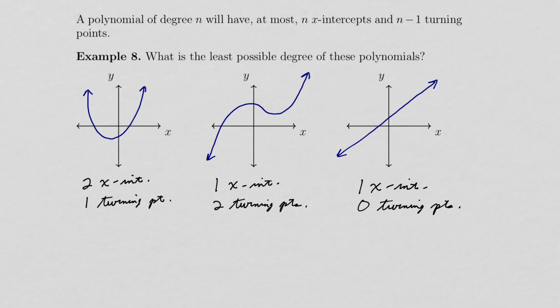So we're going to look at the turning points. Because this first one has one turning point, and we know a polynomial of degree n has n minus 1 turning points, the degree of the polynomial must equal the number of turning points plus 1.